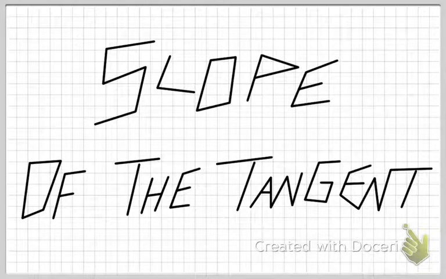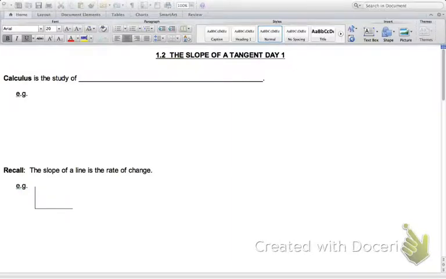Today we will be looking at the slope of the tangent. To begin, we will be looking at what is calculus. Calculus is the study of instantaneous rates of change.